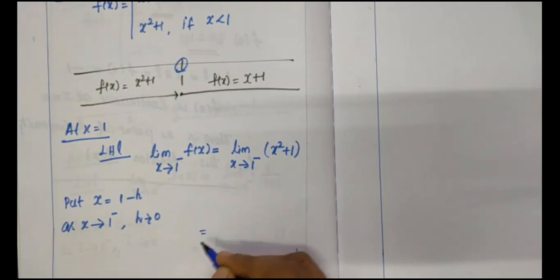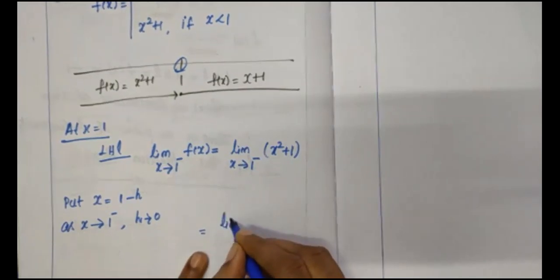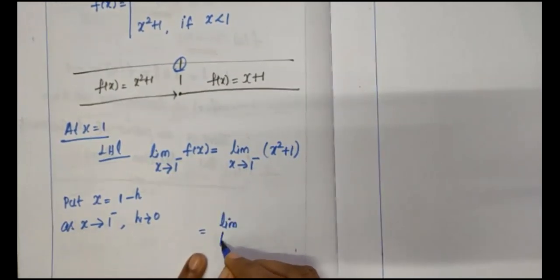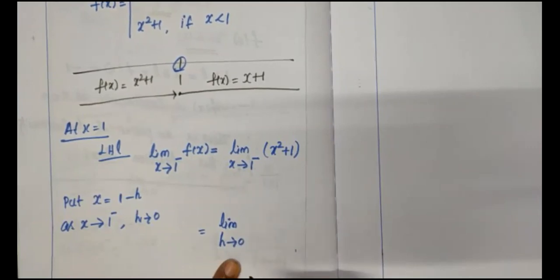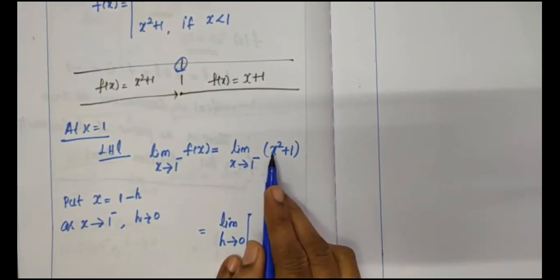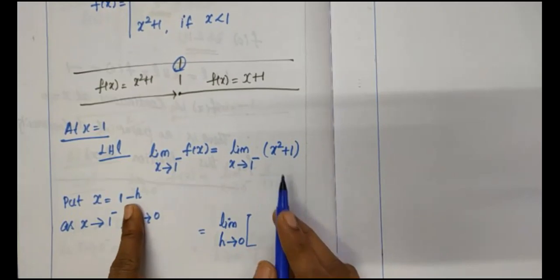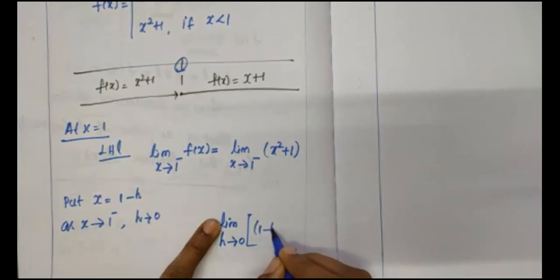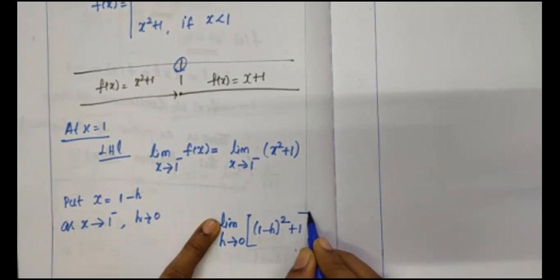Therefore, this line becomes limit h tends to 0, for x substitute 1 minus h: 1 minus h the whole square plus 1.